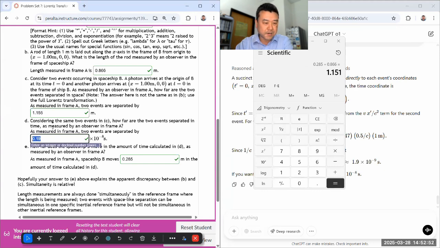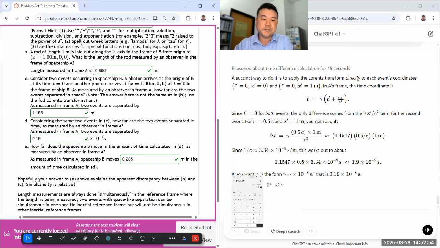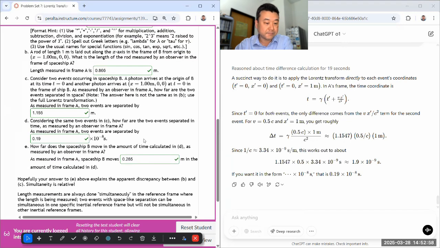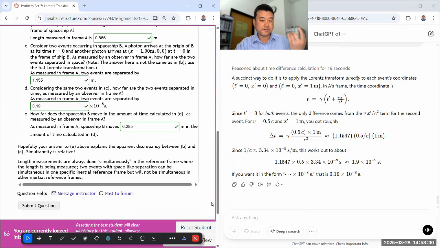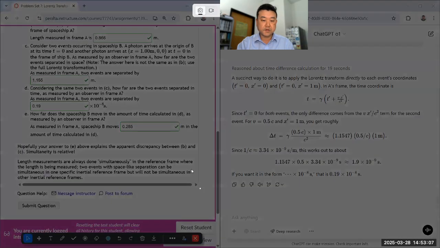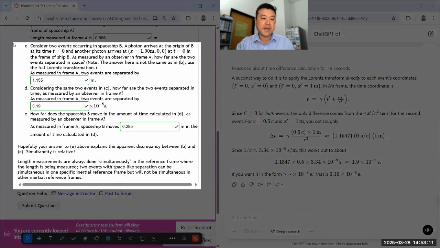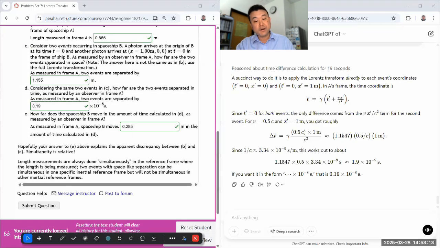I think most of it's coming from here. That's the point of this question. It's meant to show you the full explanation of why you get a contraction, and that it's all consistent with gamma being in the numerator for both parts of the Lorentz transformation. Thank you. I got it.